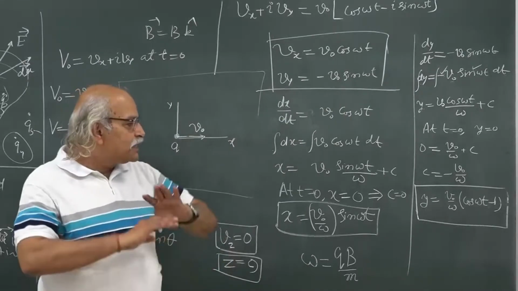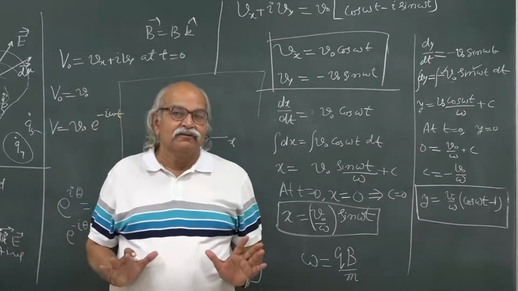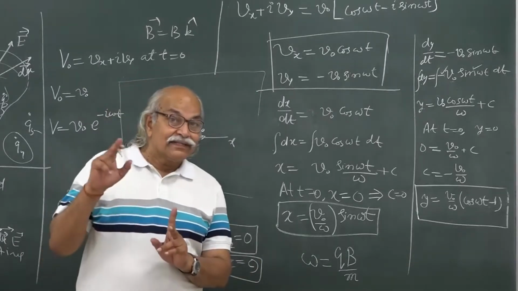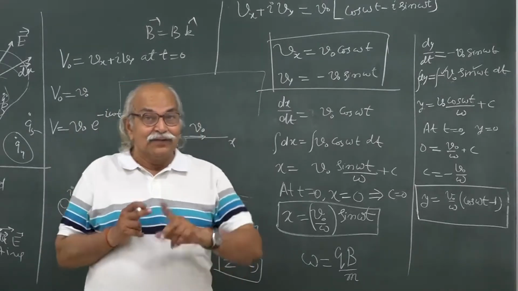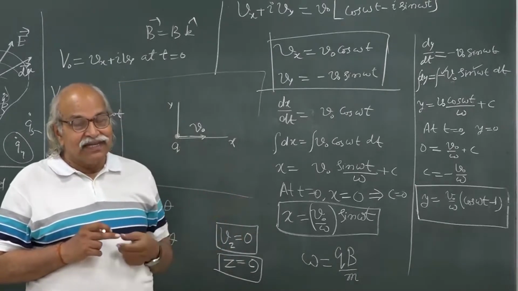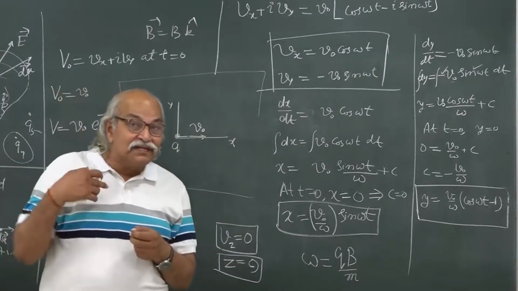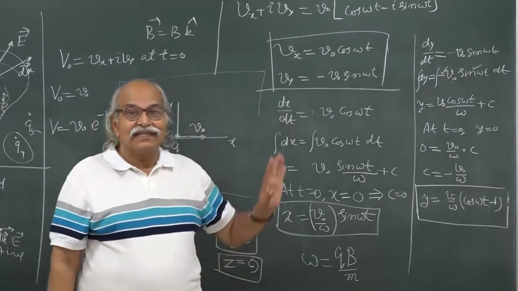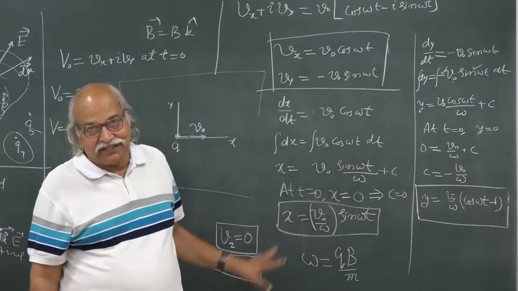So we have a complete description of what the particle will do. At time t, I know its x position, its y position, the x component of the velocity, and the y component of the velocity. So the entire motion is in these equations.